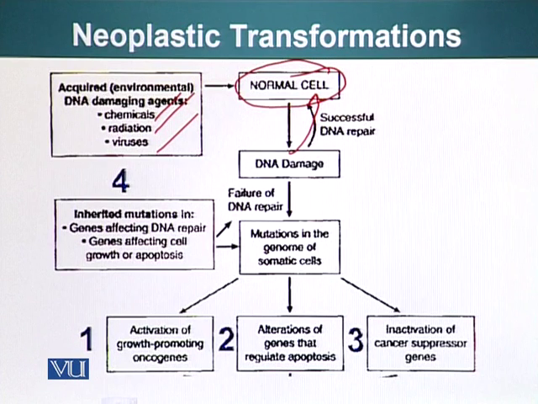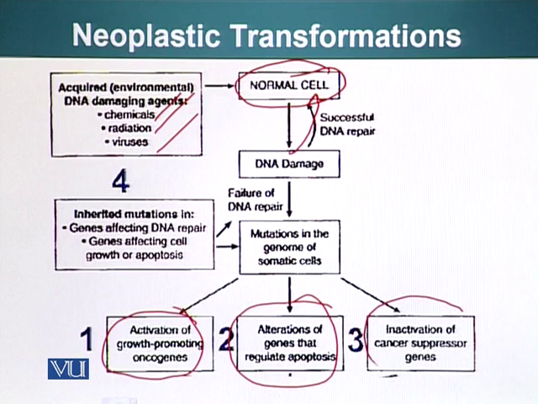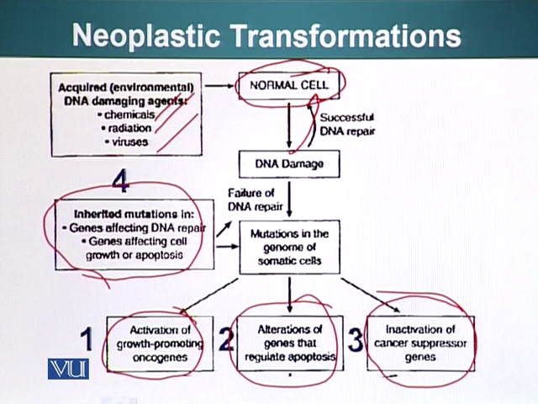So what happens? What type of genes can be damaged, which can result in cancer? Here we have mentioned activation of growth-promoting oncogenes, alterations in genes that regulate apoptosis, inactivation of cancer suppressor genes, and mutations that affect the DNA repairing system. These are the 4 categories that we have already talked about.